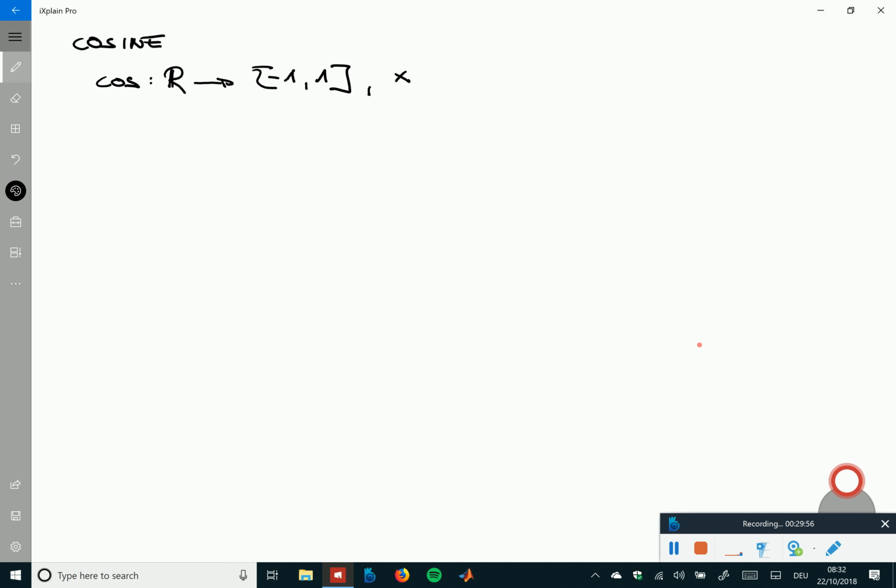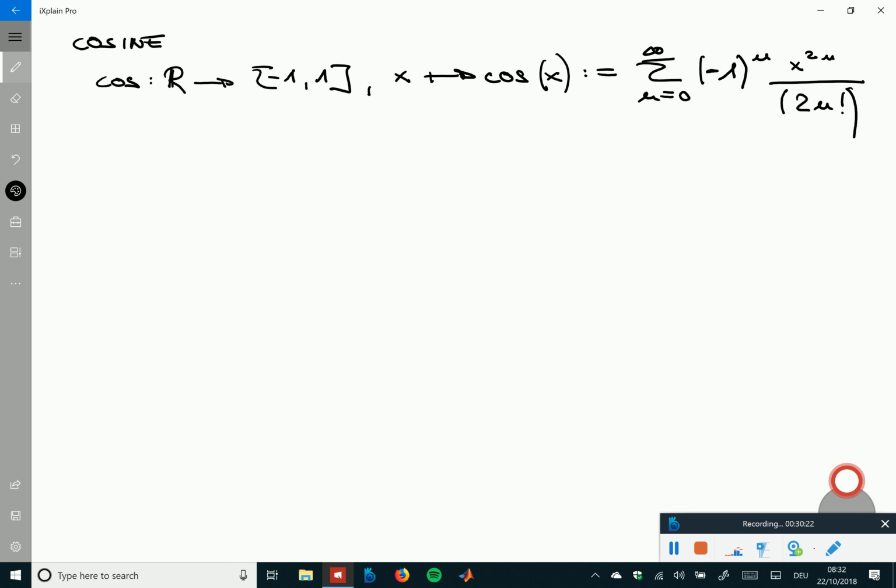And it is defined, again, by a series, namely the following. So if you compare that to what you've just seen for the exponential function, the series doesn't look that different.